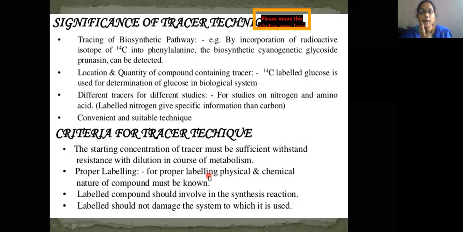And the half-life of the radioisotope is also very important. The half-life must be long.